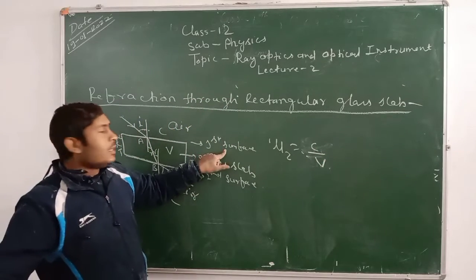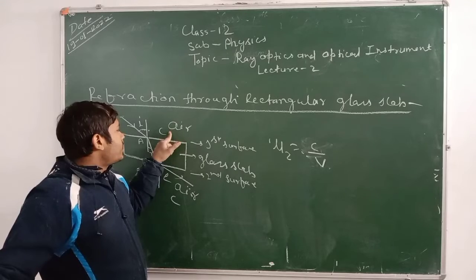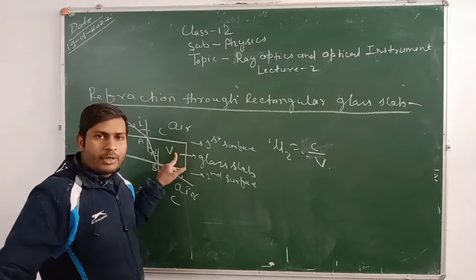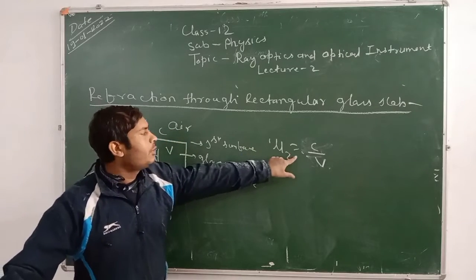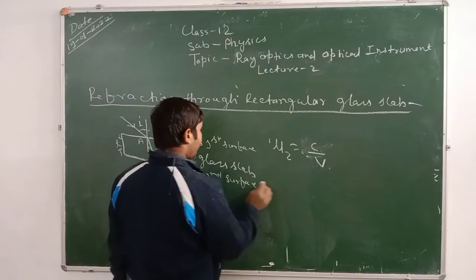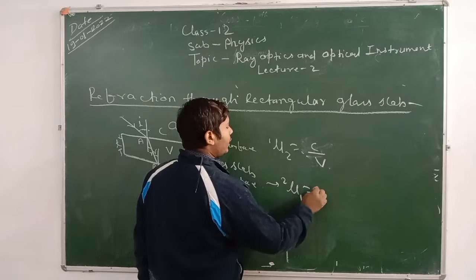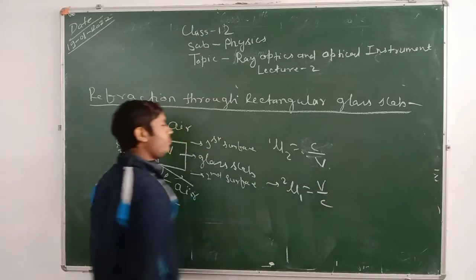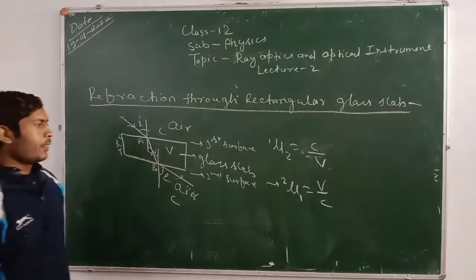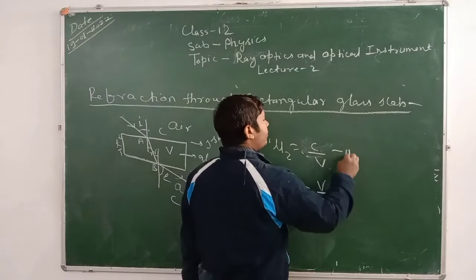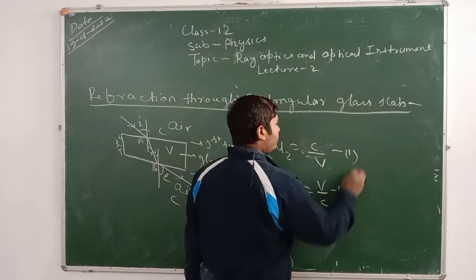At the first surface, the speed of light in the first medium is c, whereas the speed of light in the second medium is v. So 1μ2 will be equal to c upon v. And on the second surface, I am writing here 2μ1 will be equal to v upon c. It is equation number 1 and it is equation number 2.